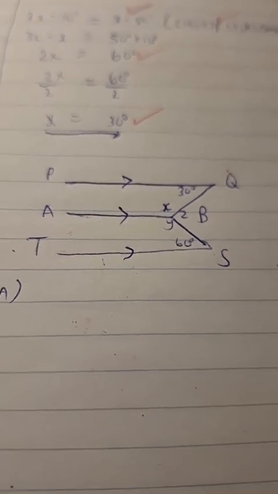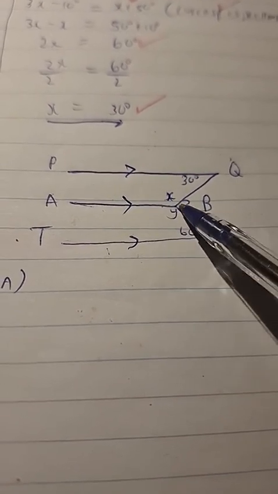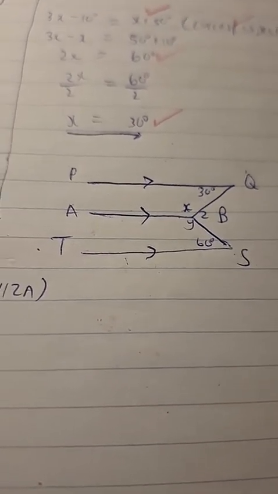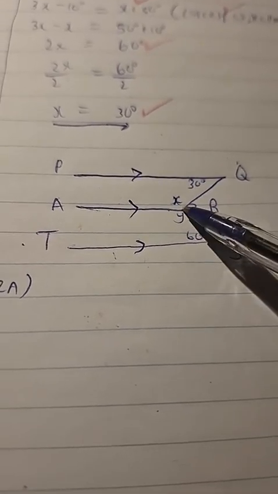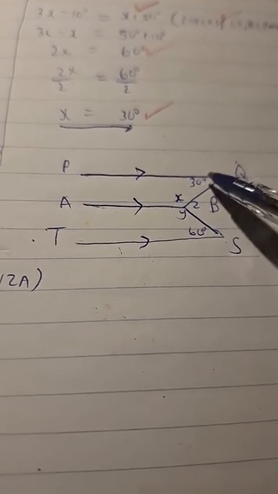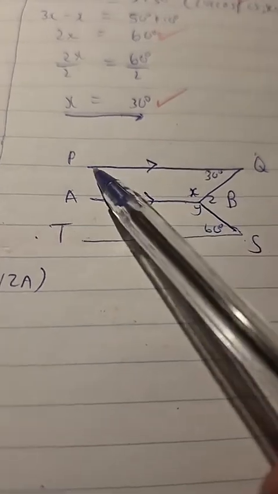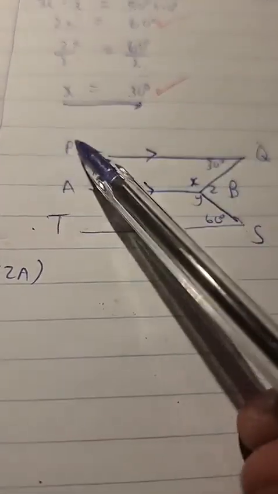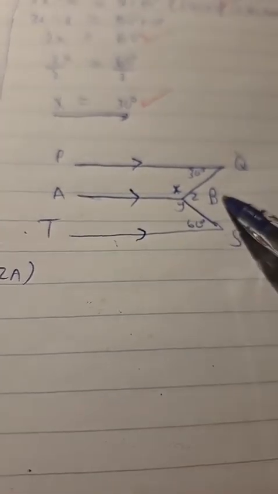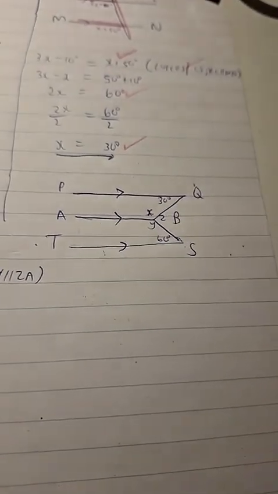Okay, I see co-interior angles people are saying, and Confidence is saying, I'm going to guess that x is 150, co-interior, and co-interior some more, right? So I see you all see there's co-interior. If you look at these parallel lines, PQ and AB, then between those parallel lines we have x and 30 degrees.